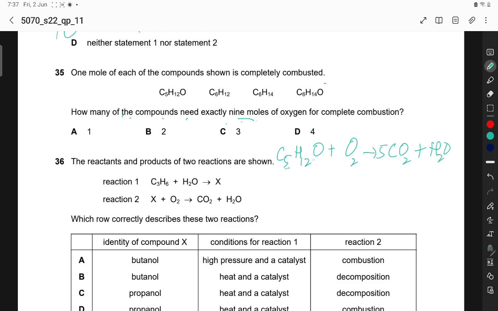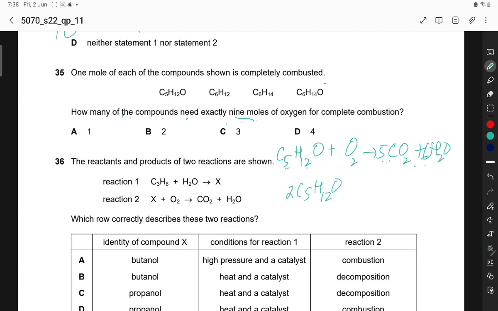C5H12 has 5 carbon and 12 hydrogen, so we check for 9 moles of oxygen.